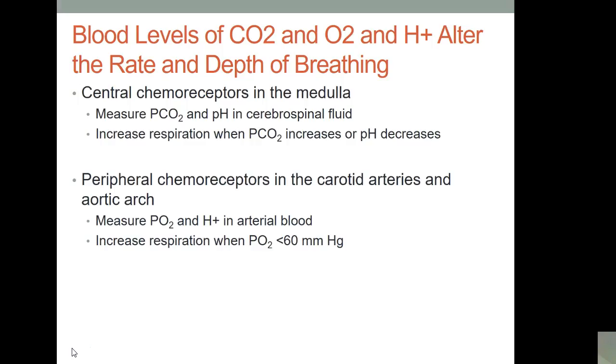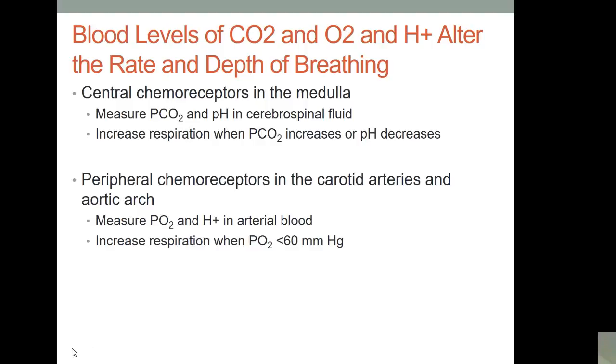So first of all, the receptors that detect this, we have central chemoreceptors that are found in the medulla, and they measure PCO2 and pH of the cerebrospinal fluid. So they're going to increase respiration when PCO2 increases or cerebrospinal fluid pH decreases. And then we have peripheral chemoreceptors that are found in the carotid arteries and the aortic arch.